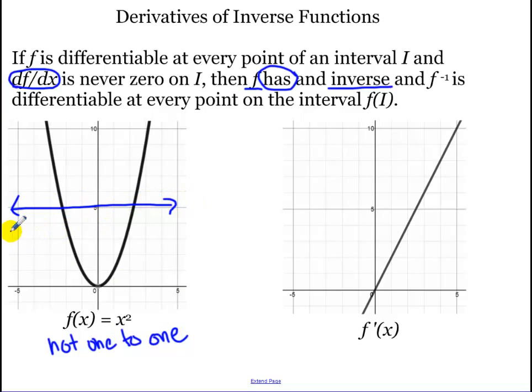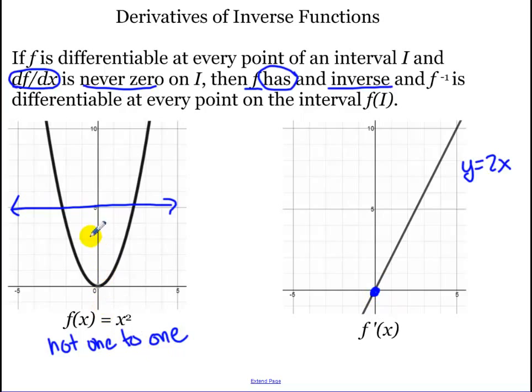Remember, the horizontal line test told us whether or not a function was 1 to 1, or if the inverse was a function. So now looking at the derivative, which is the line y equals 2x, when I look at this line, this derivative is 0 right there.